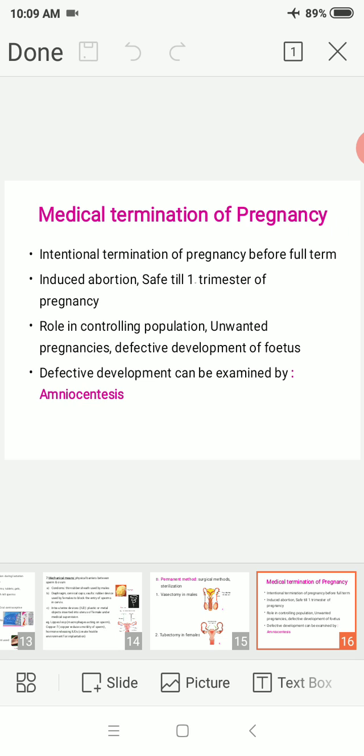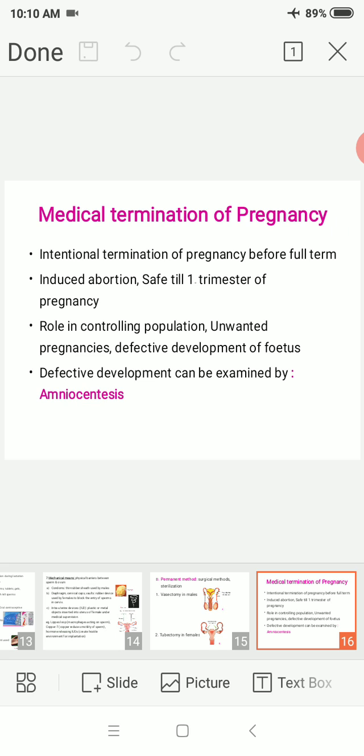In this method, there is intentional termination of pregnancy before full term. It is safe up to the first trimester of pregnancy.